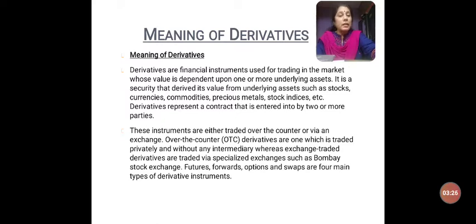These derivatives or instruments are either traded over the counter or via an exchange. Over the counter derivatives are traded privately and without any intermediary, whereas exchange traded derivatives are traded via specialized exchanges such as the Bombay Stock Exchange. Since this is trade, it can be carried on in two methods.